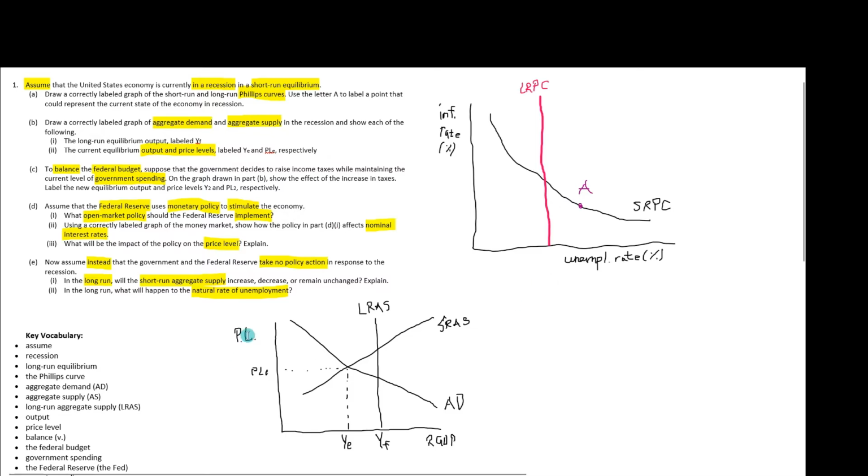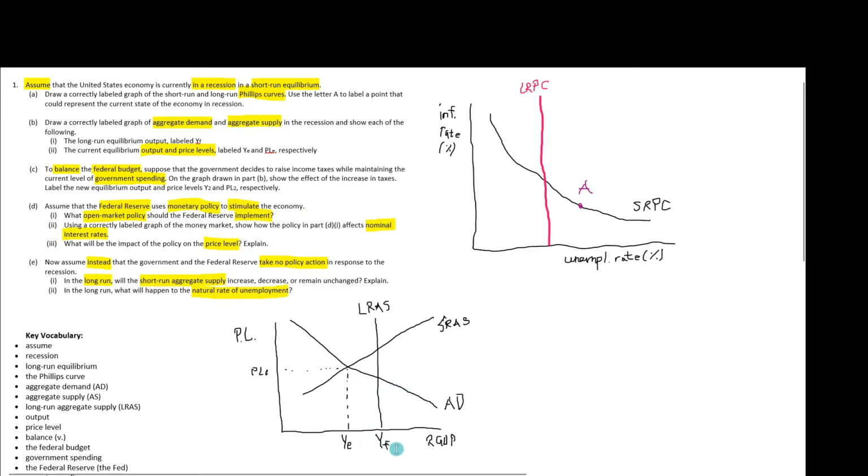I've just written PL for price level on the y-axis, and real GDP on the x-axis. The question tells us that we are in recession, so that means we need our SRAS, our short-run aggregate supply curve, to intersect with the aggregate demand curve to the left of our long-run aggregate supply. This graph tells us that this economy is in a recession.